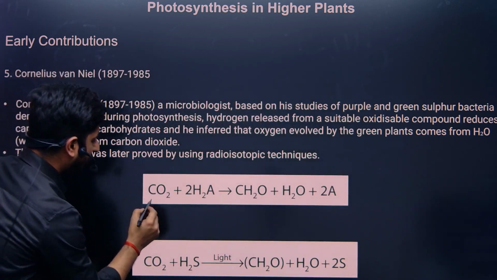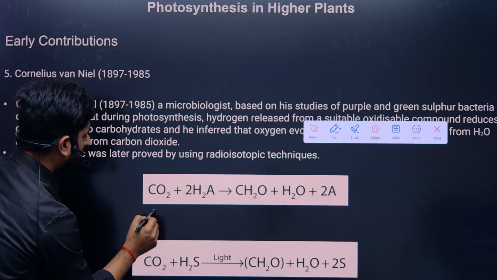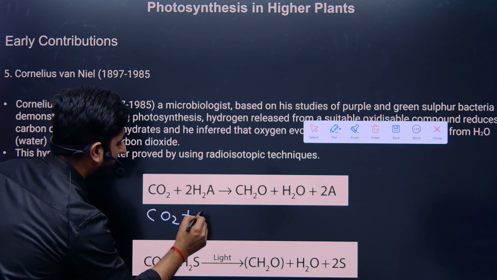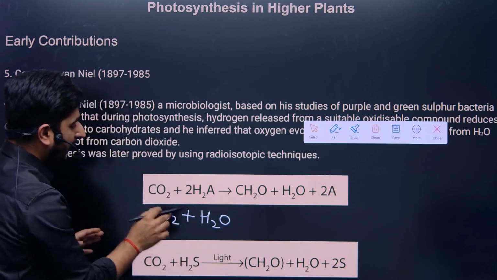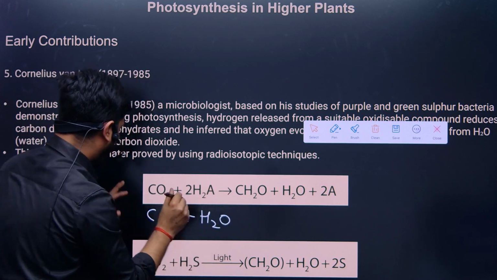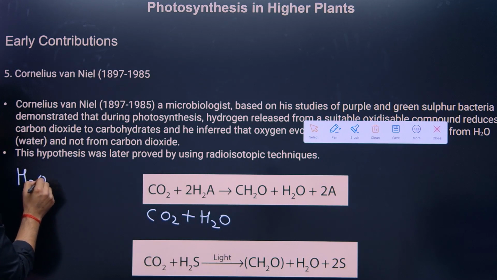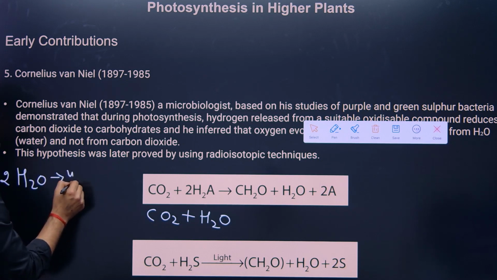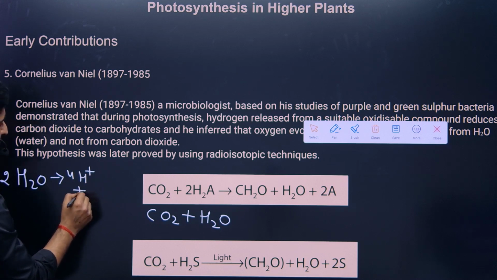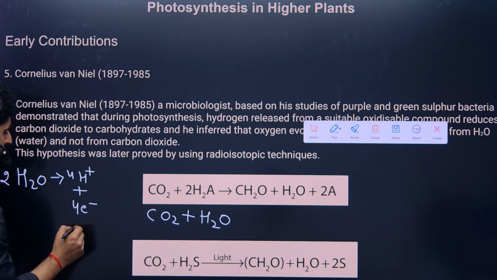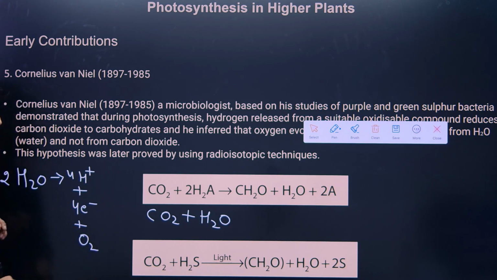Now, if in this same equation I have carbon dioxide plus H2O, then H2O will split. How? Let us just try to understand. H2O will split into 4 protons plus 4 electrons plus a molecule of oxygen.